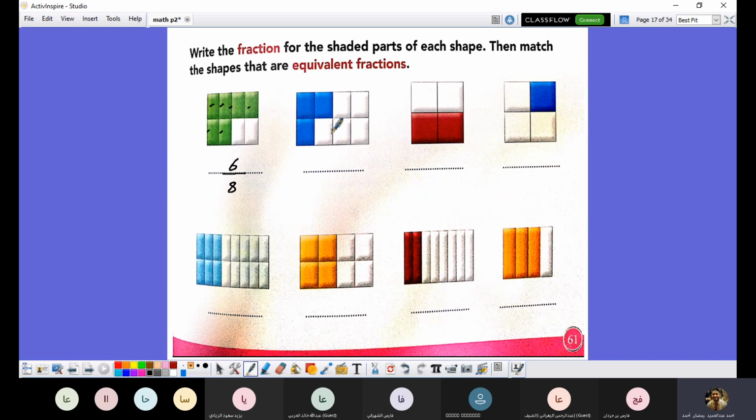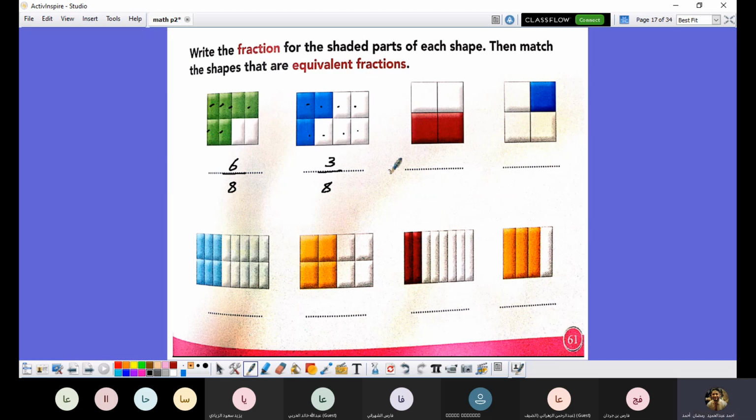The second shape here we have 3 shaded parts, and all parts equal 1, 2, 3, 4, 5, 6, 7, 8, equals 8. 3 over 8 or 3/8.